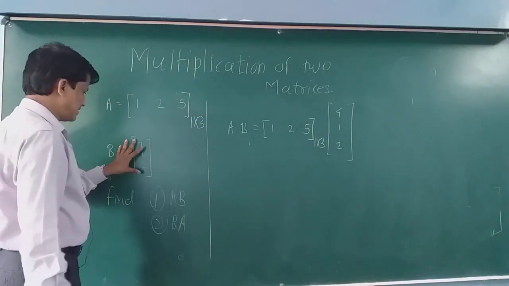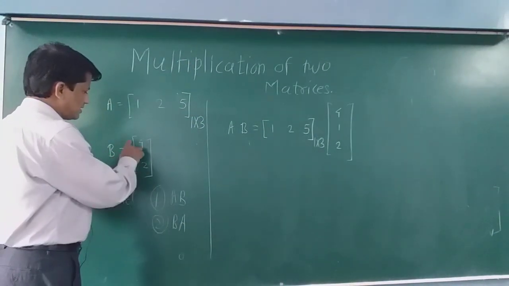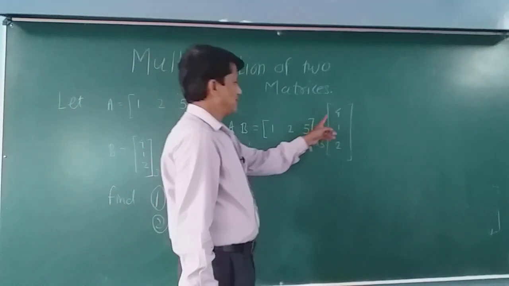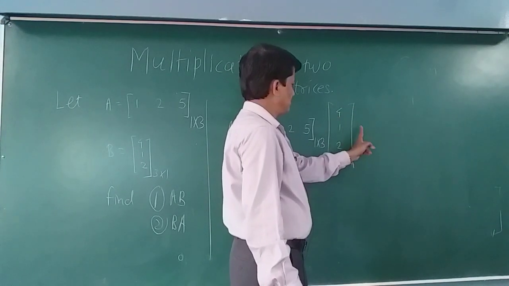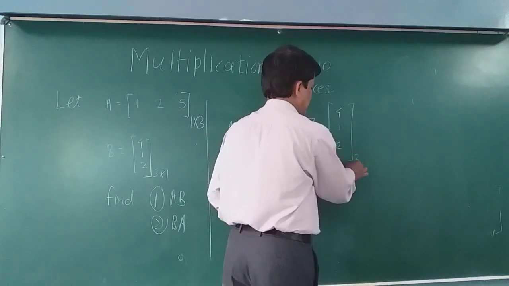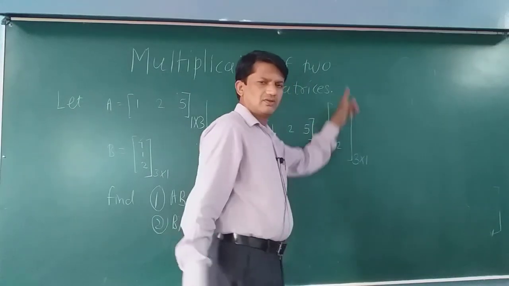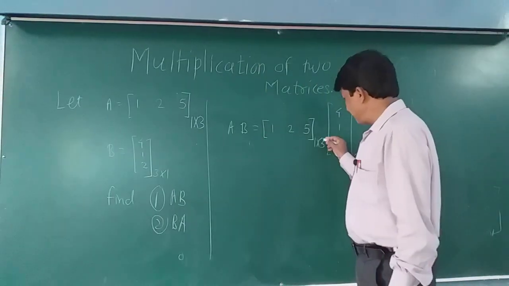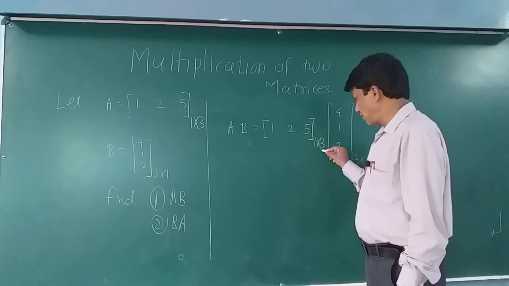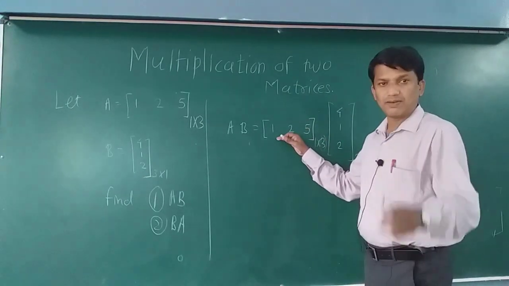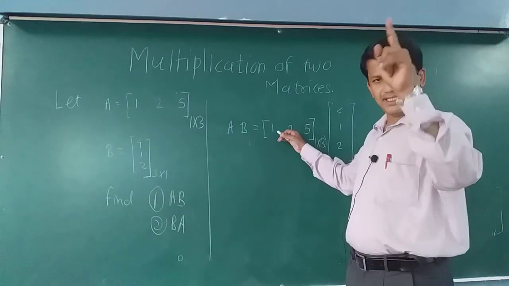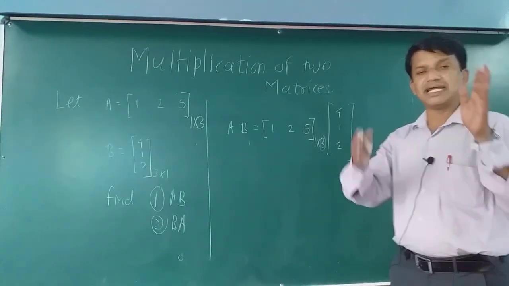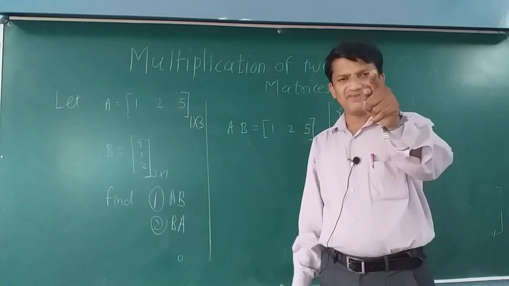For the second matrix, the order is 3 rows and 1 column, 3 by 1. Look here, row number 1, row number 2, row number 3: 3 rows and only 1 column. According to our rule, the number of columns in the first must be equal to the number of rows in the second matrix, then only we can find the product.